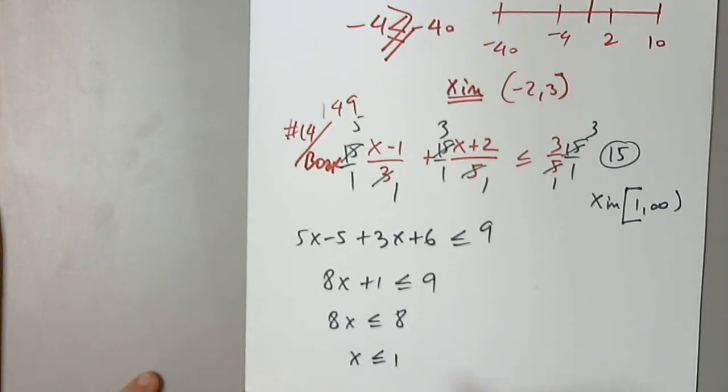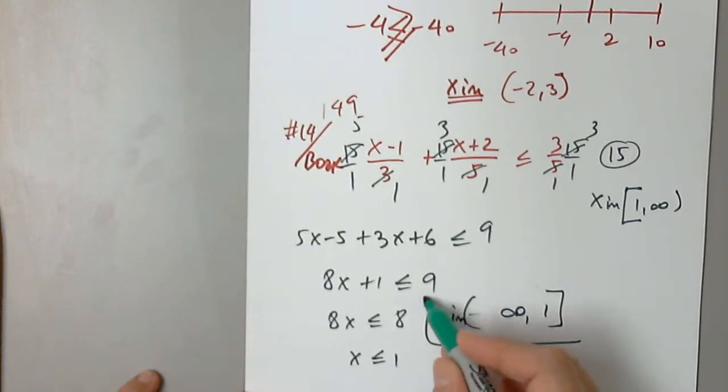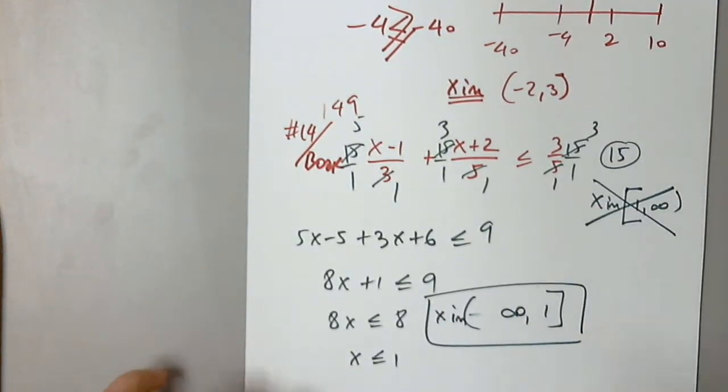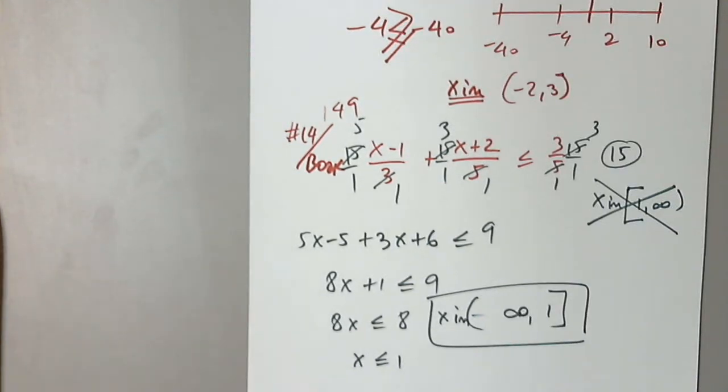X less than or equal to 1. So the interval is from negative infinity to 1. Because it says less than or equal to 1, we are not changing the inequality symbol. Is that okay, everyone? Perfect. It's okay, we all make mistakes.